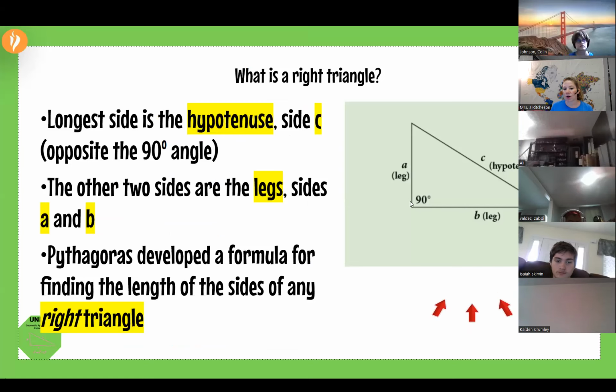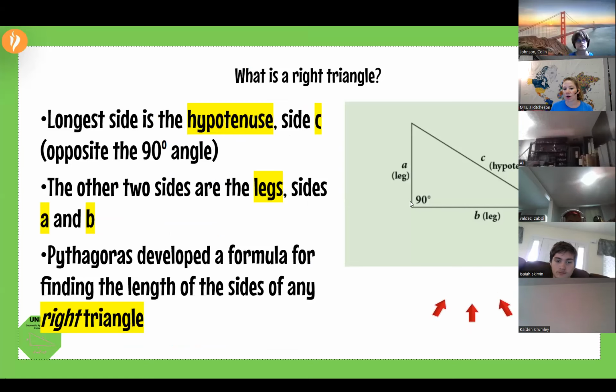So if we have one leg that's 3 units long and the other leg is 4 units long, that should equal the longest side squared, which the longest side is 5.